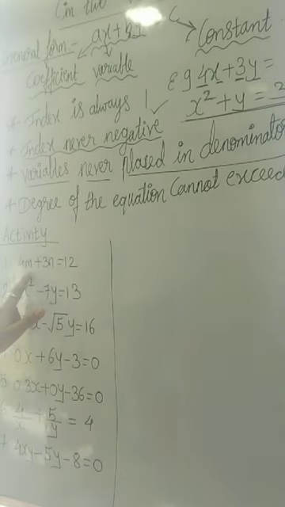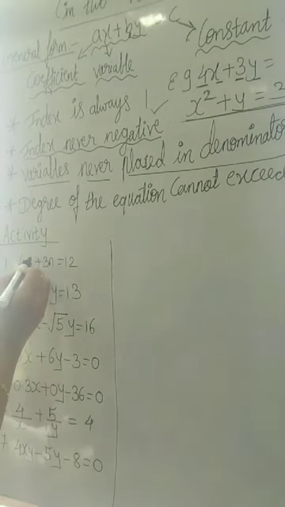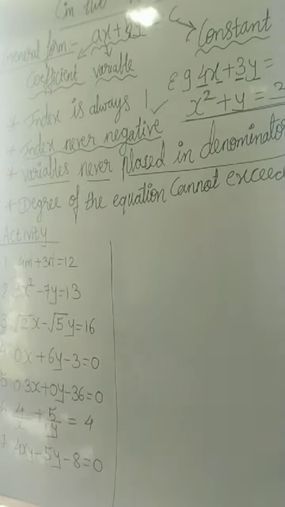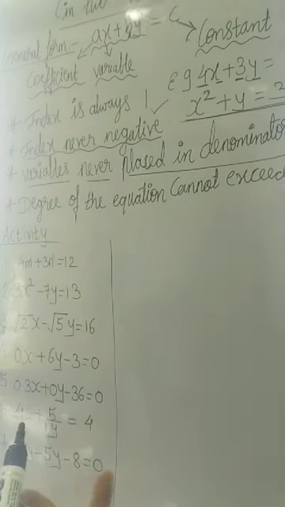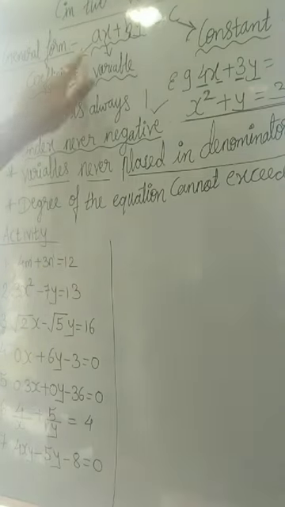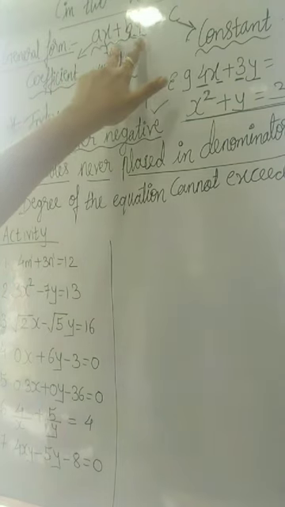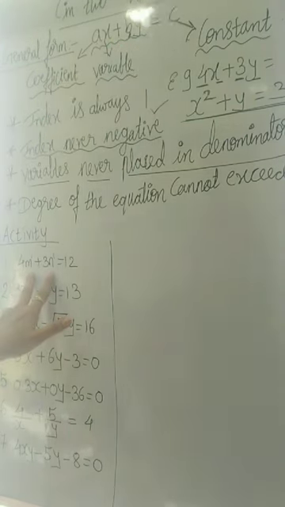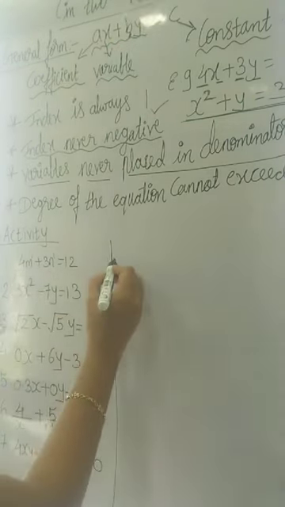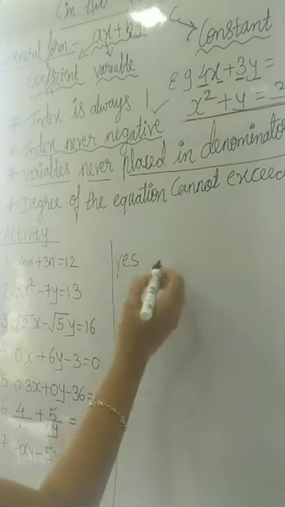As per the rule, 4m plus 3n is equal to 12. Yes, the index is 1, because when nothing is written, the index is always 1. So the indices are 1 for m as well as n. There are exactly two variables, like in our general formula. So here we have two variables and a constant. So I will say yes, it is a linear equation.